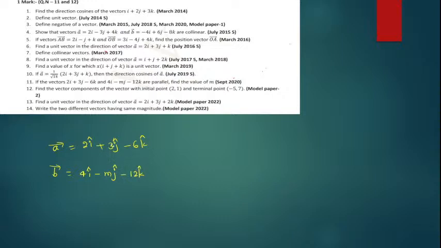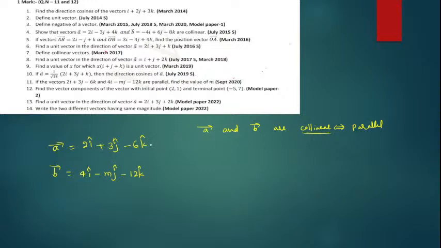It is already given that vector A and vector B are collinear, that is, the condition is parallel. If A and B are parallel, they are collinear. So if they are collinear, what is the condition?